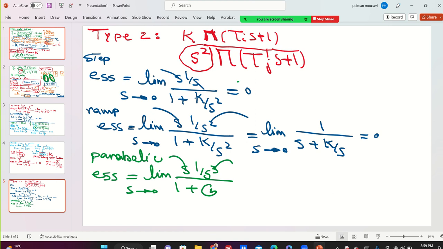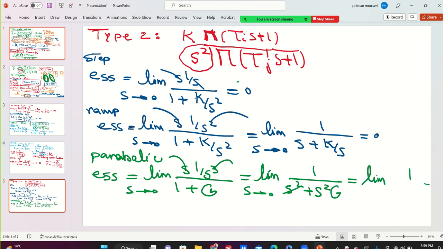With one of these s terms gone, you get 1 over s squared coming down, s squared plus s squared G, when s goes to 0. This goes to 0, and this is going to be 1 over s squared G at 0.